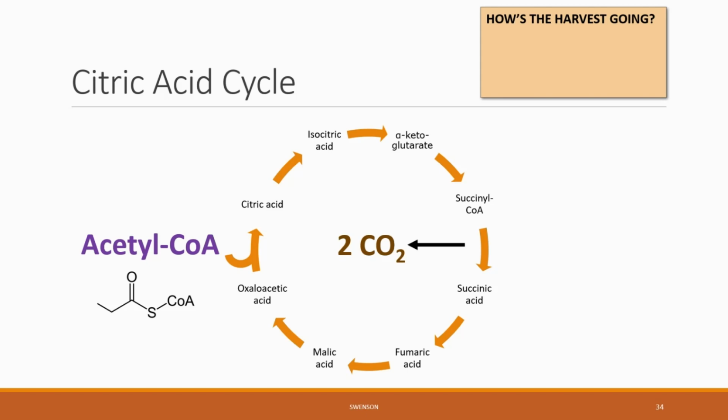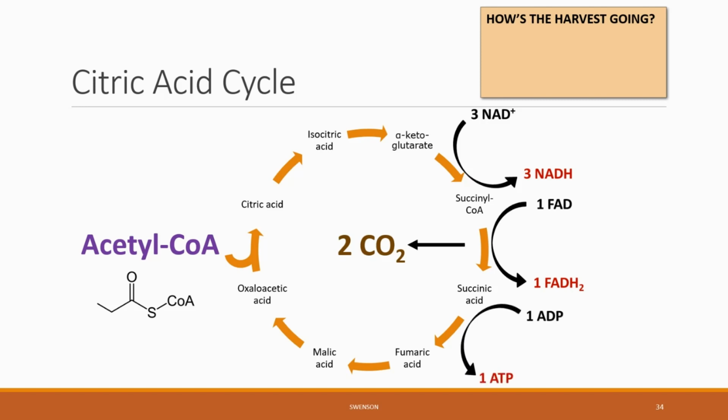Recall that we had 2 acetyl-CoA molecules, and for each acetyl-CoA, the cell makes 3 NADH, 1 FADH2, and 1 ATP. So now our roster has expanded. We've added 2 more ATP for a total of 4.